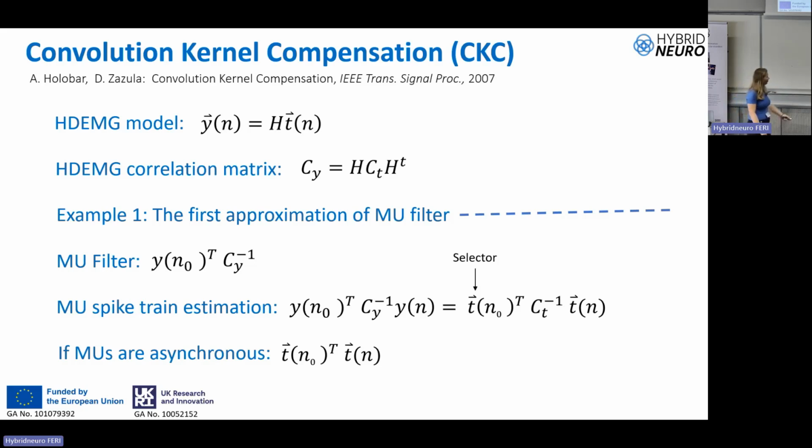But if motor units are asynchronous, we can leave this inverse of the correlation matrix out, because we know that this correlation matrix would then be diagonal, and its inverse is also diagonal, so we can just leave it out and we end up with this equation here.